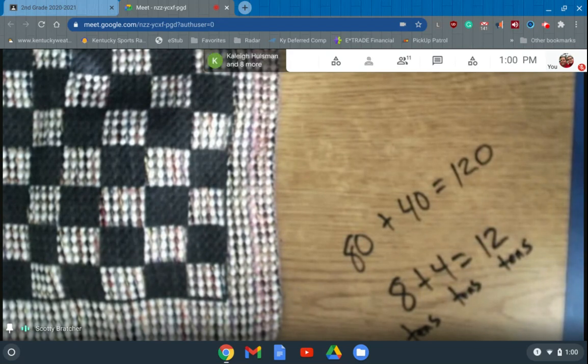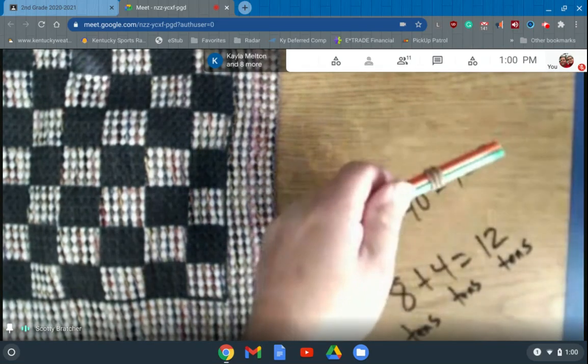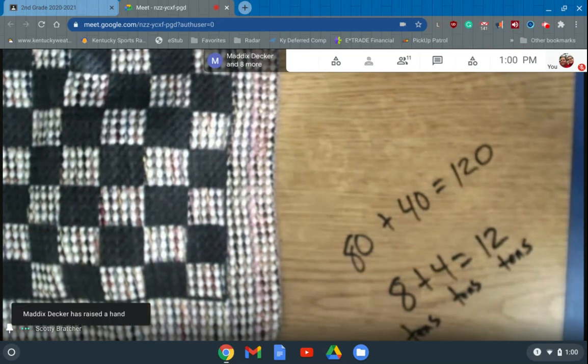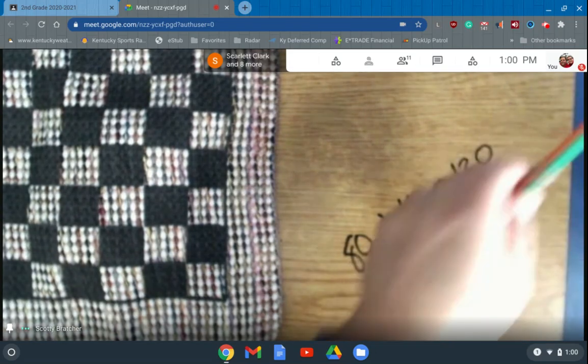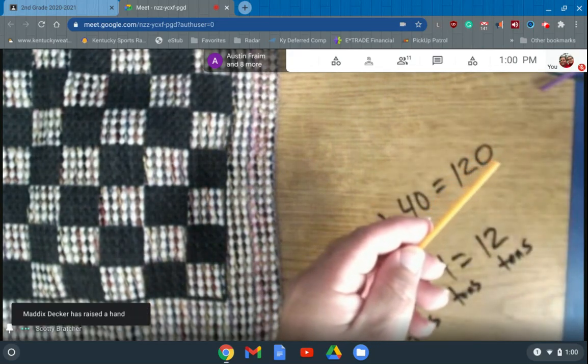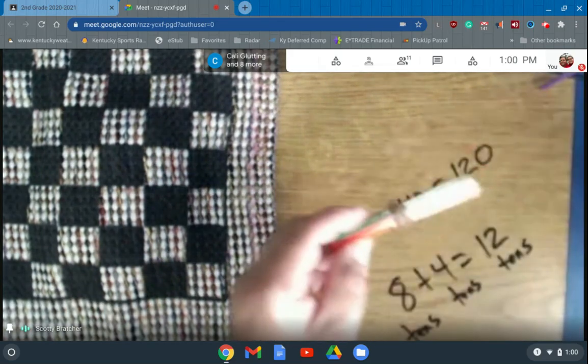Tell me what it should look like. What should 120 look like with these things under here? A bunch of tens, okay? Just a whole bunch of them? No, 120 of them. 120 of these or 120 of these? It shouldn't be 120 of these.